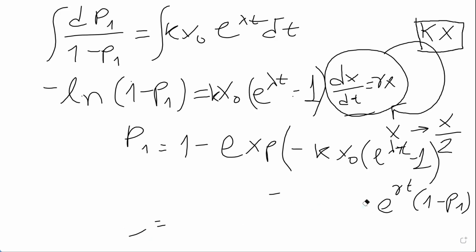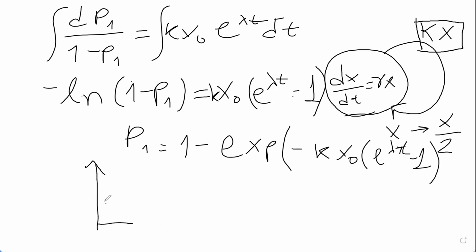So remember the idea of the Gillespie formula. This is a case where the rate is not constant, but still it has an analytical solution. The idea is I toss a random number r from 0 to 1.